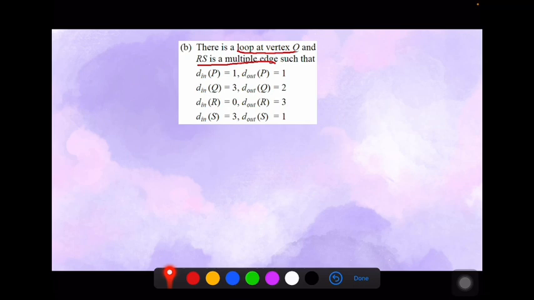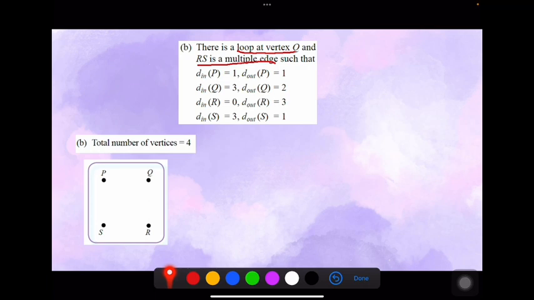Okay, step number 1, mark all the 4 vertices as given in the example. So based on the example, we have 4 vertices. What are the vertices?